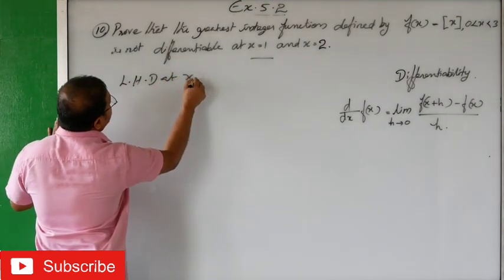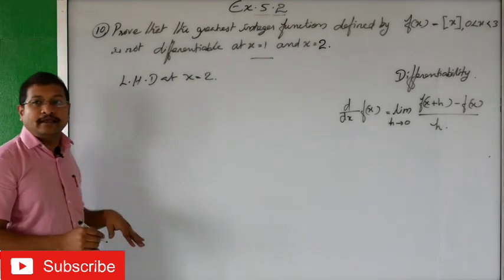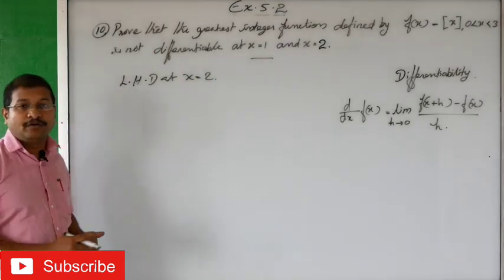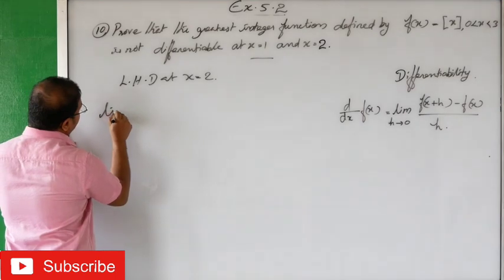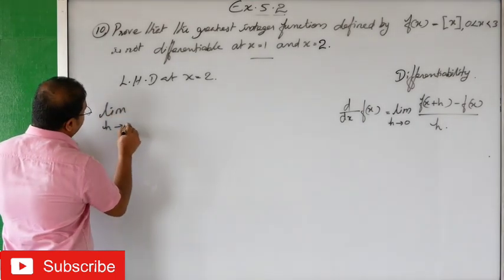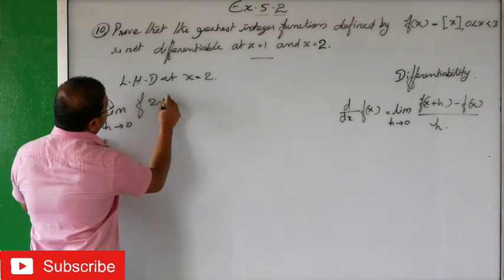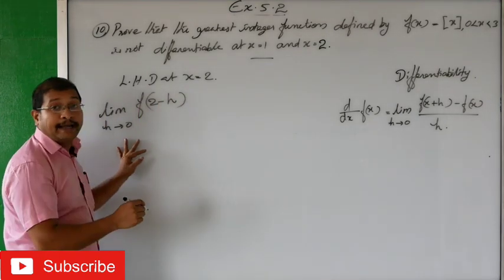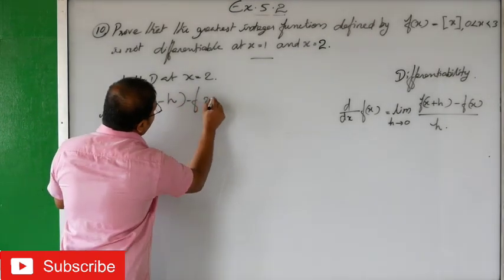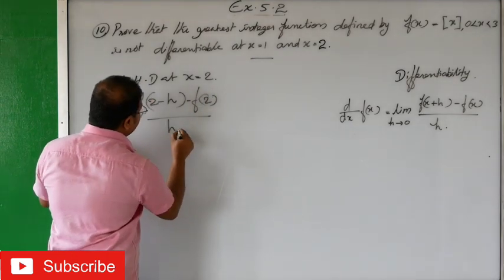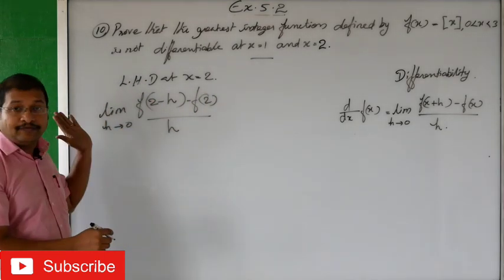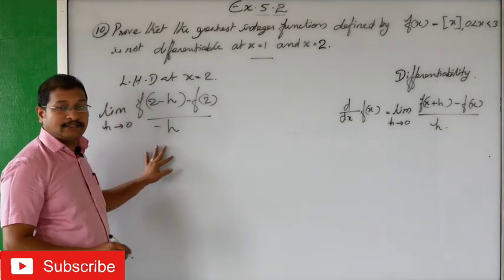LHD at x equals 2. Same differentiability rule we will follow. That means limit h tends to 0, f of 2 minus h minus f of 2 divided by h. Of course, we know that it is the left hand side, so it will be minus h.